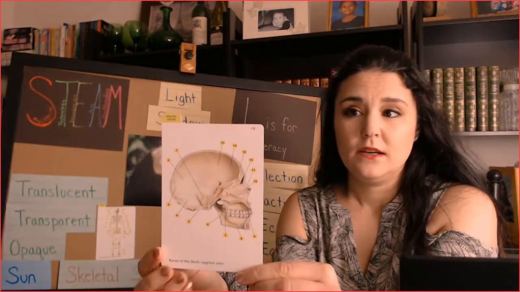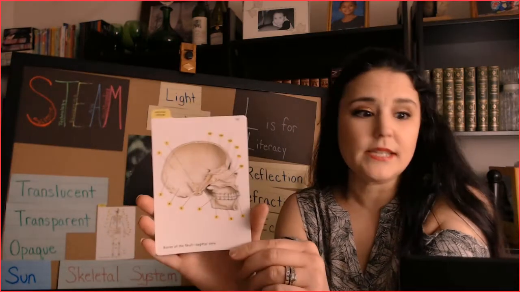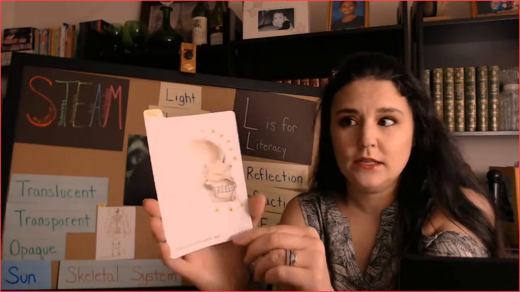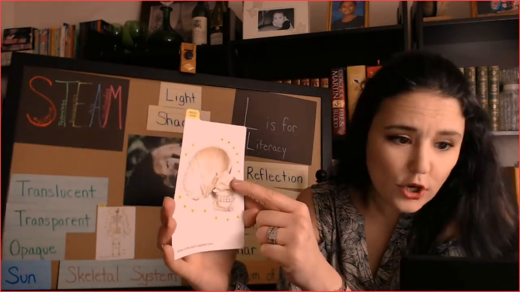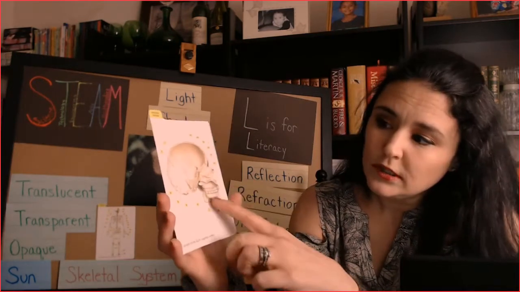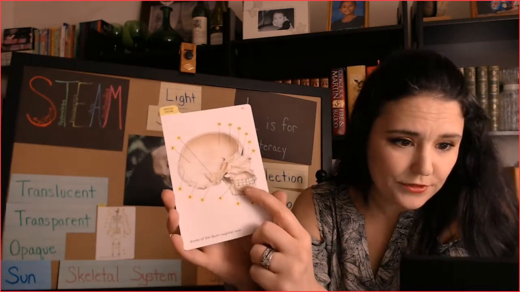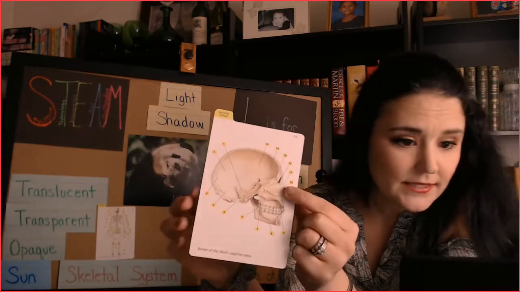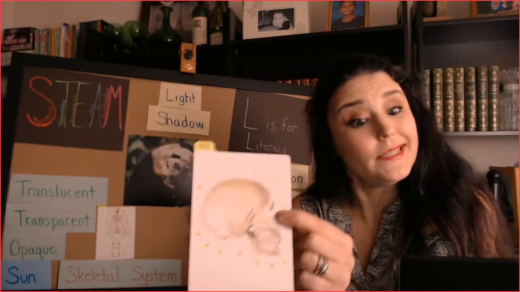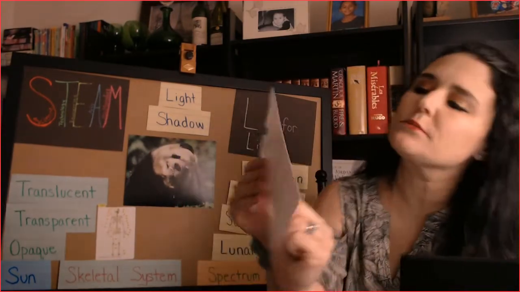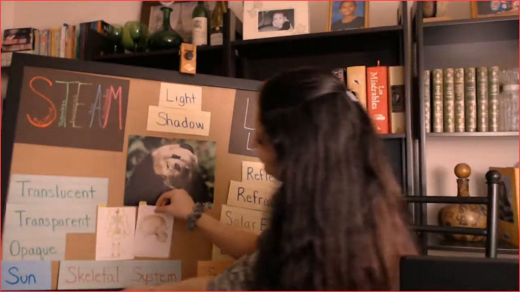That is what the bones in your head look like. Inside, see? There's the nose. Don't pick the nose. There are the teeth. There's the mouth. That's the eye socket where your eyeball is. Remember, we talked about eyeballs. Okay.